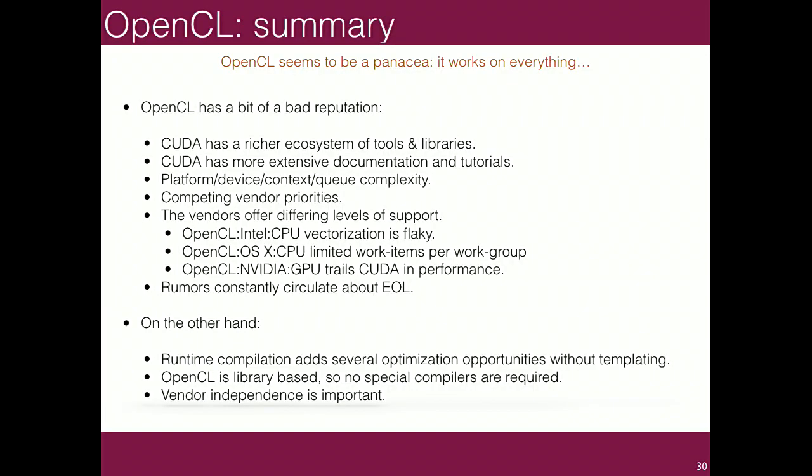So the compiler knows exactly what to unroll, how to unroll it, and to get best performance. So it can actually deliver good performance. It's library-based, so no special compilers are required. That's pretty cool. And it's vendor independent until the vendor decides to stop supporting the project. So that is really quite cool.